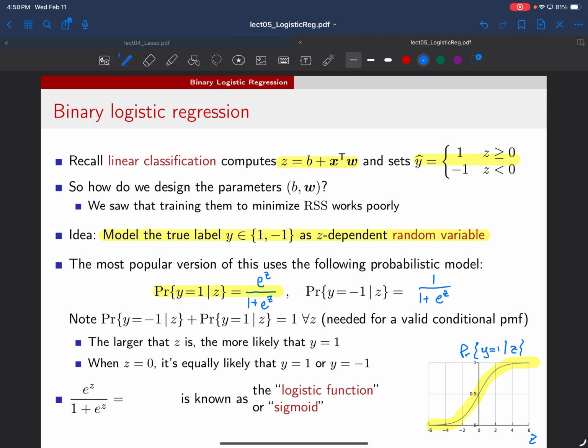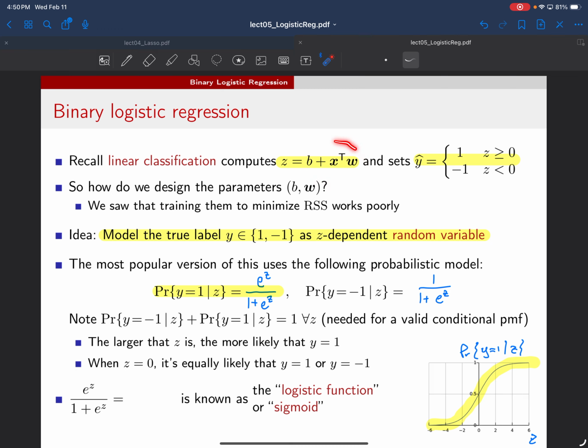If you think about it, this is really not that different from what we did in regression, where we always said y equals this plus epsilon, where epsilon is Gaussian noise. So even there we had a probabilistic model.